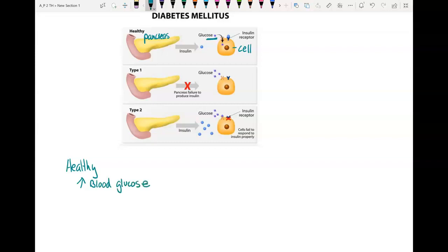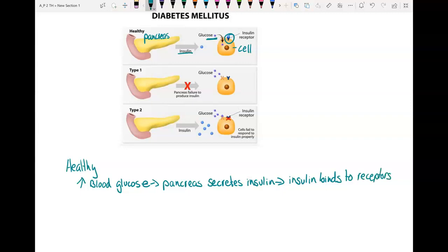In response to that, the pancreas secretes insulin. The insulin binds to receptors on the cells.